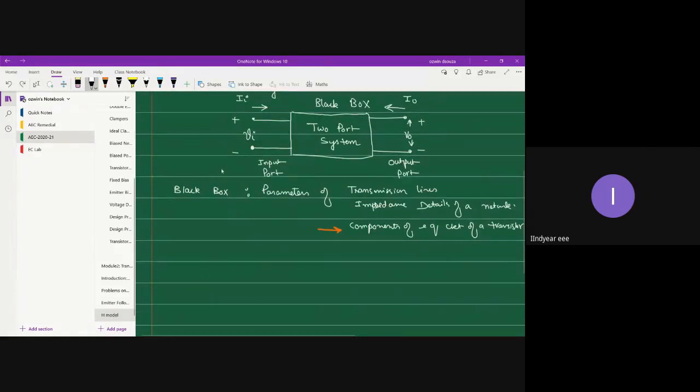Now that we have described the different voltages and currents, we can try building the relationship between these 4 variables. As I said in the beginning, I'm taking Vi and I0 as dependent variables. So let us express Vi as a function of the independent variables, that is Ii and the output voltage V0.